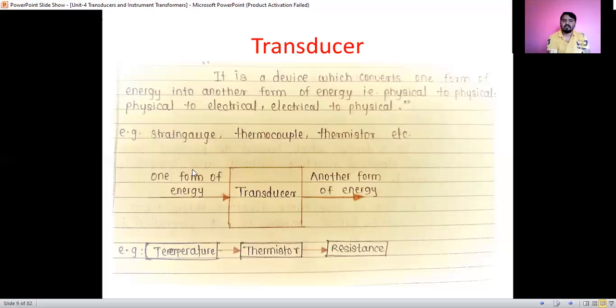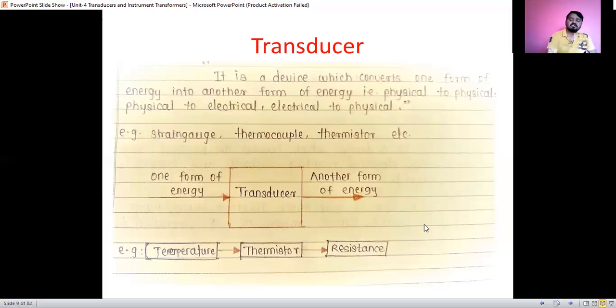We can convert temperature into resistance. As we discussed, depending on which material we use and the initial temperature, we can convert the temperature into resistance.